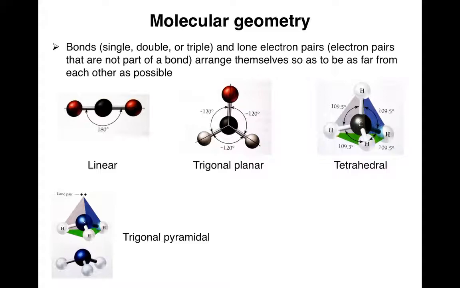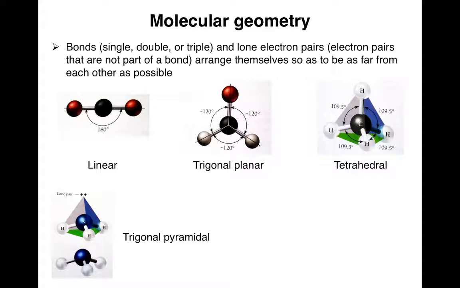Therefore, the 3 bonds are not in the same plane. The angles between them are 109.5 degrees, like in the tetrahedral geometry. But there is no 4th bond. Instead, there is a lone electron pair. This geometry is known as trigonal pyramidal. An example of a trigonal pyramidal molecule is ammonia, NH3.